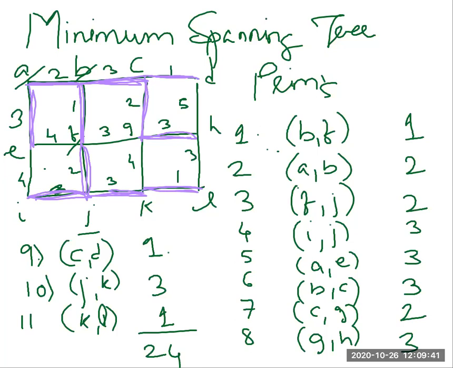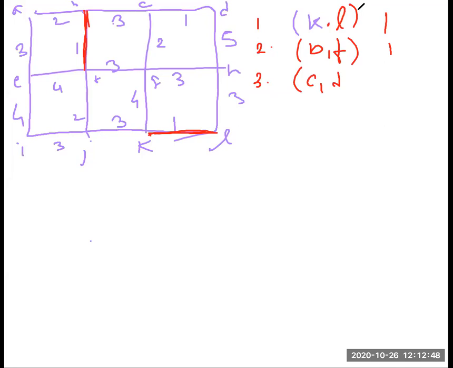Now using Kruskal's, edge C comma D is weight 1. All the edges with weight 1 are over. Now choose the edges with weight 2. With weight 2, we have C to G, A to B, and F to G. You can select any one edge.